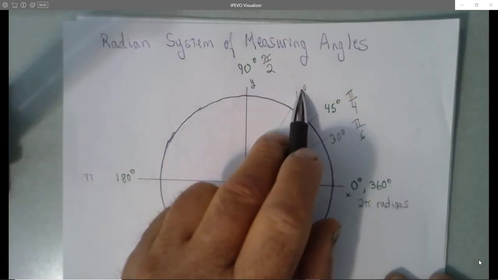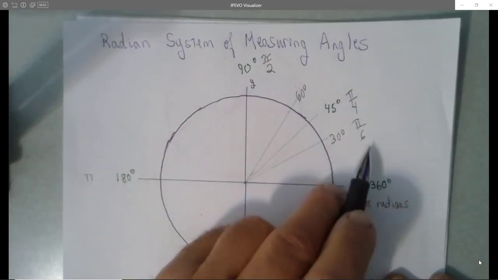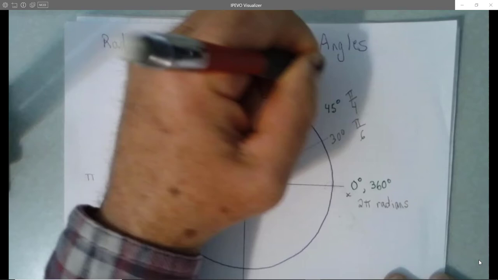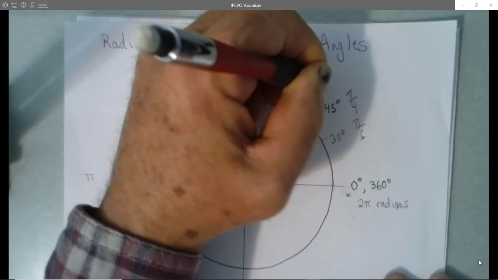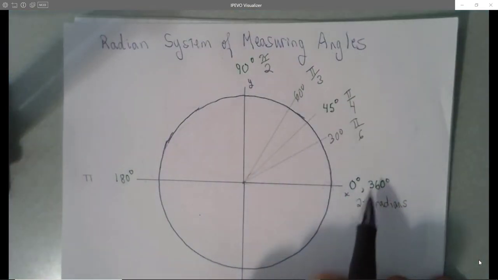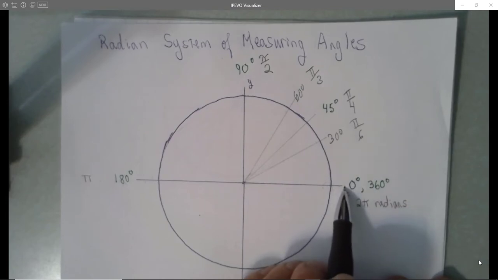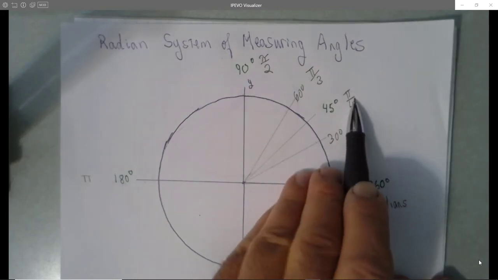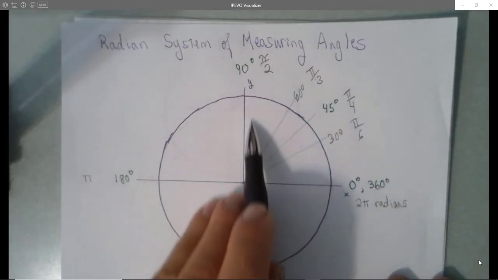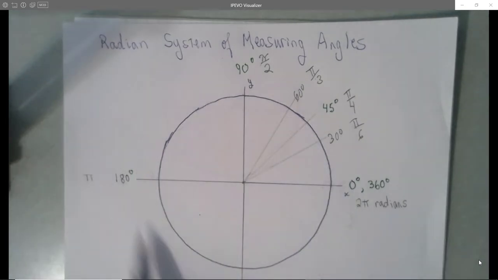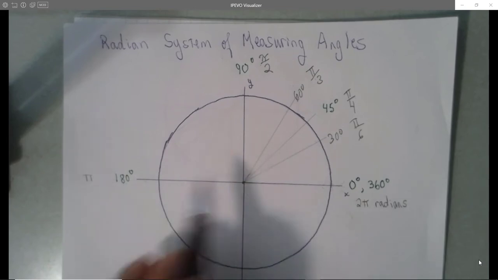And 2/3 would just be double that, 2 pi over 6, or 1 pi over 3 if you reduce that fraction. So this is 0 radians, pi over 6, pi over 4, pi over 3, and pi over 2. All the way around is 2 pi, halfway around is pi, etc.